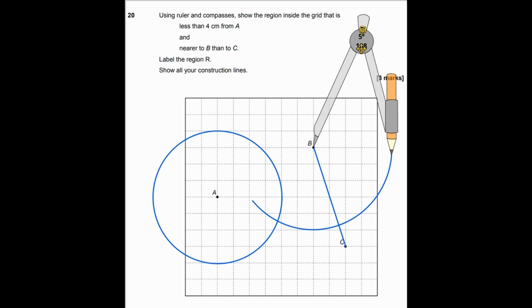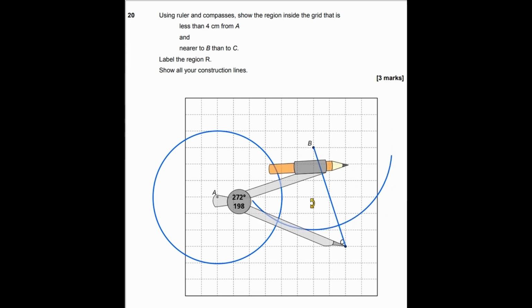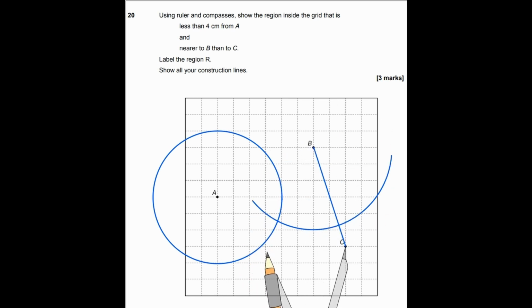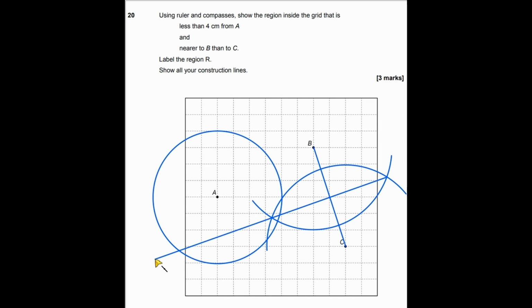I am then going to put the point of the compass on C. Let's move it round slightly, and I'll move it to here, and again I'm going to draw the arc of a circle from here. Now, if I draw a line from this point where the two lines meet, across and through the other point where they meet, I'm going to have a line here.